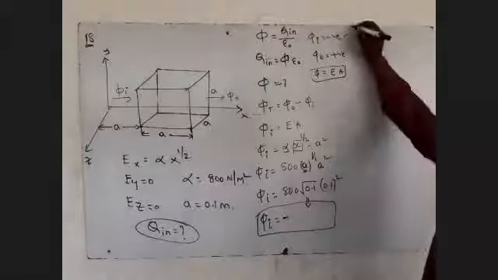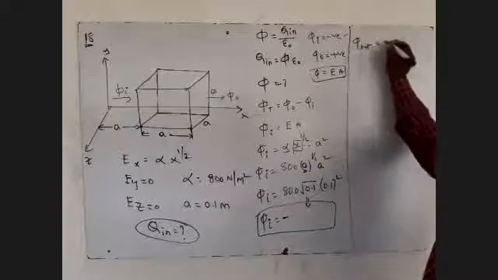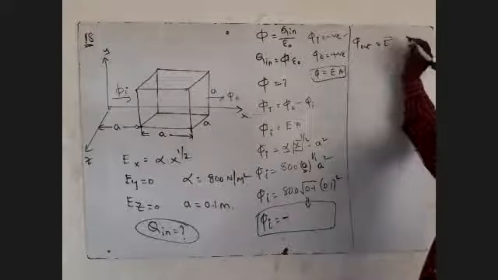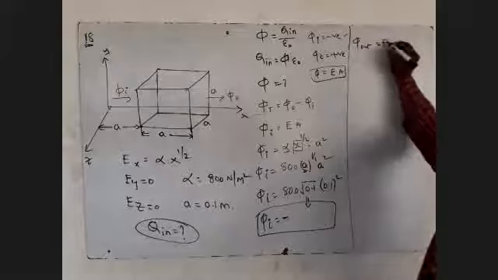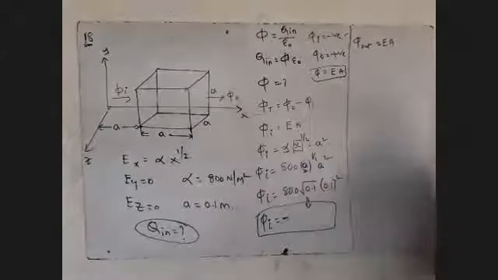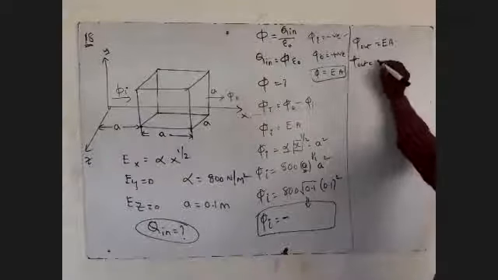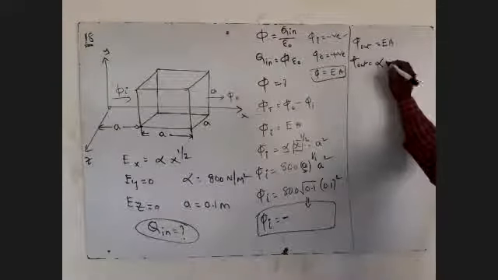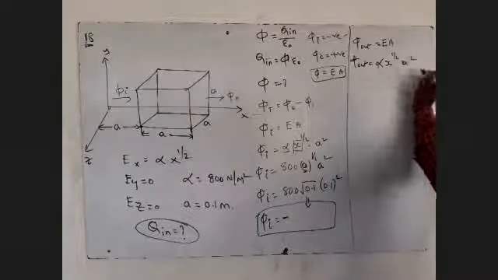Next, phi out is equal to E bar dot A bar, that is EA. So phi out is equal to alpha x to the power of 1 by 2 into the area, a square.